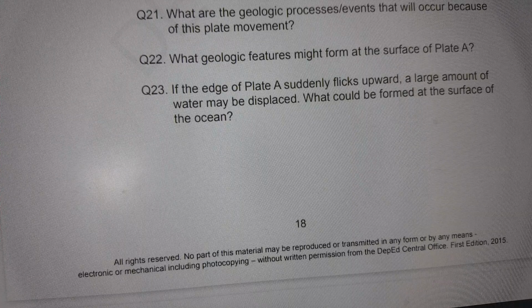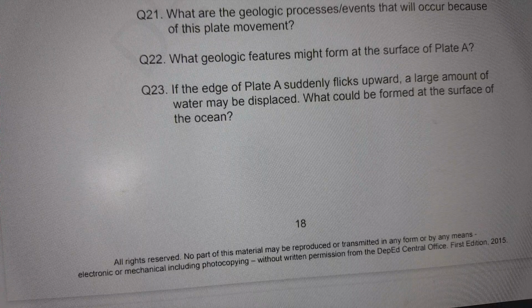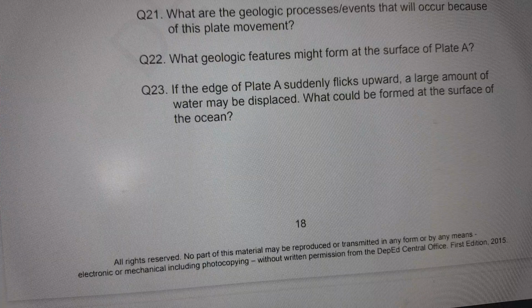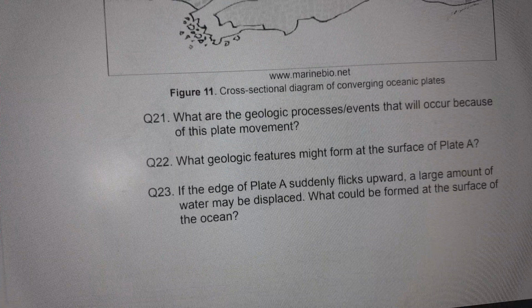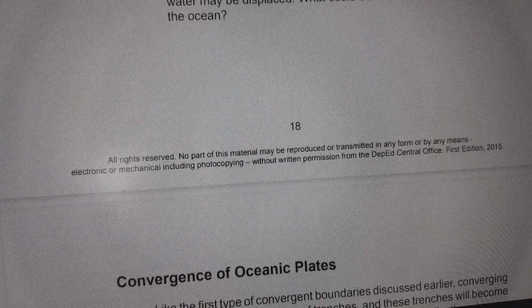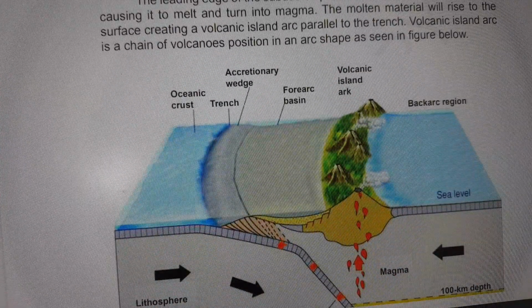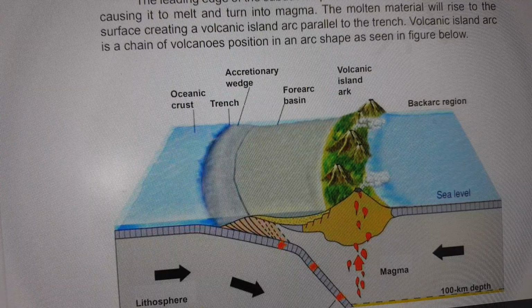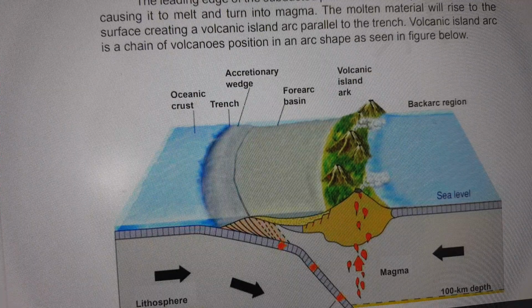Even if it is low tide, the movement of the water is fast, and at high tide, they move faster. It's because they are in collision. Collision means crashing into each other. Convergence of oceanic plate.